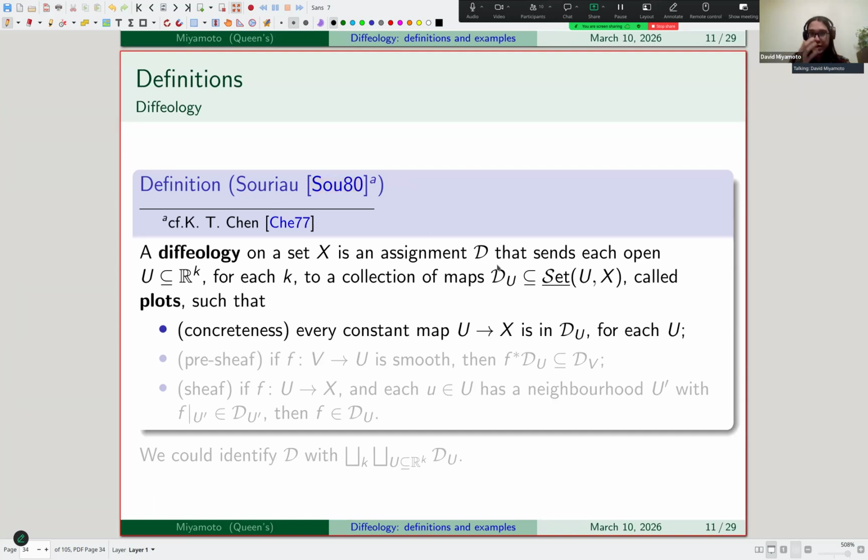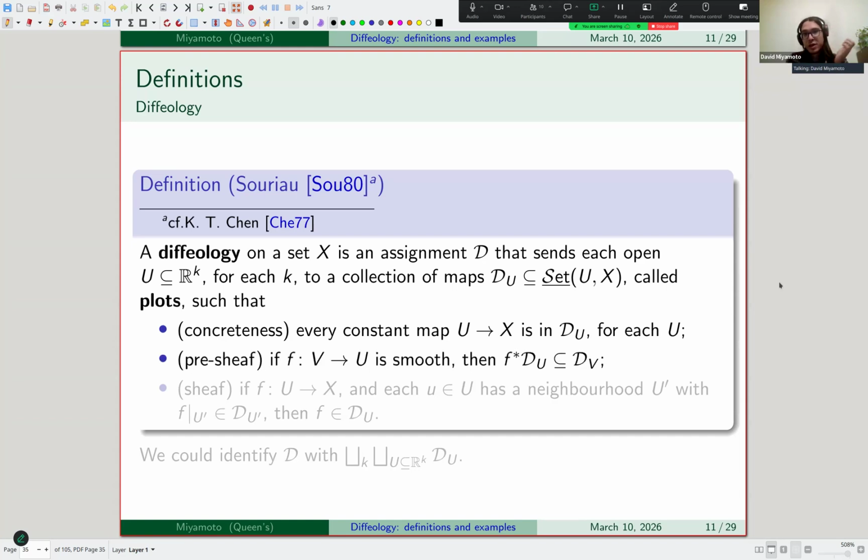So the diffeology is the data of the assignment, and the conditions are that for every k and every U inside R^k, the constant map has to be in there. So a constant map would be R maps to X for a fixed X. Each of those has to be inside my assignment. In other words, constant maps are smooth always.